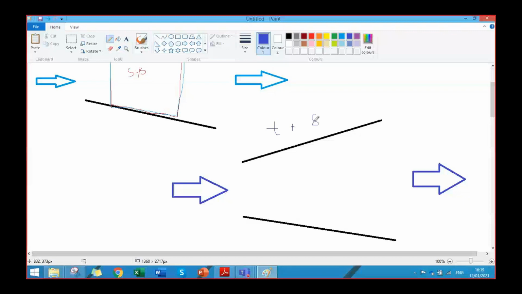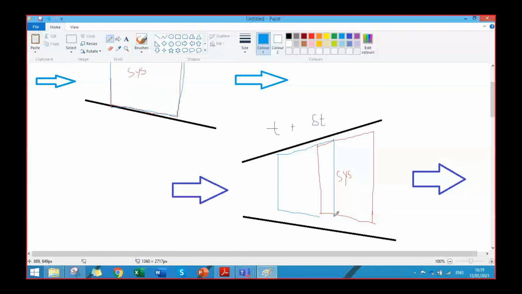The system will move from here to here, right? But the control volume will remain the same, fixed at its location. Clear?